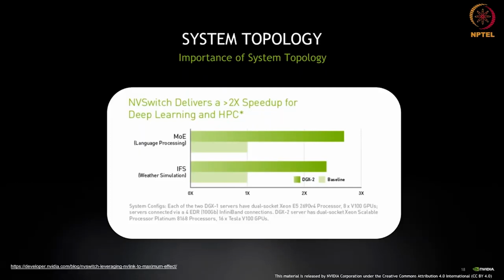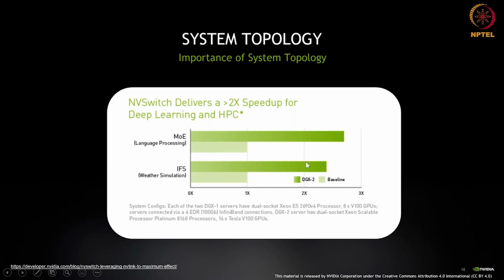So if I look at this particular example here, what you're seeing is an example of a system topology where you have a system with something called the NV switch.